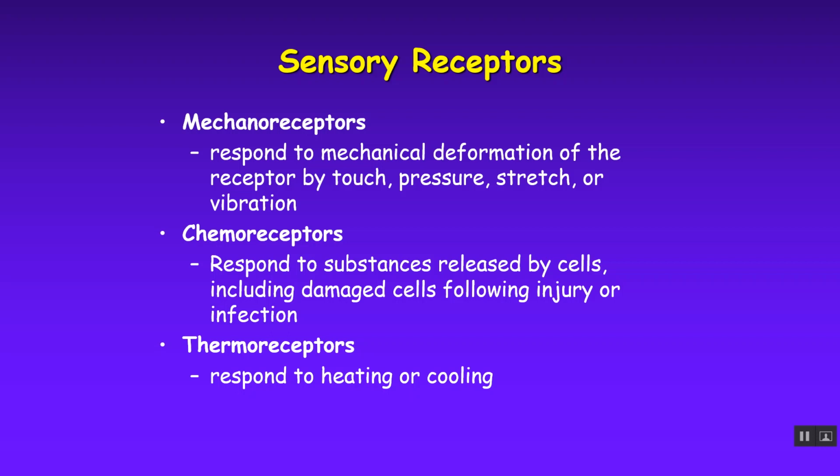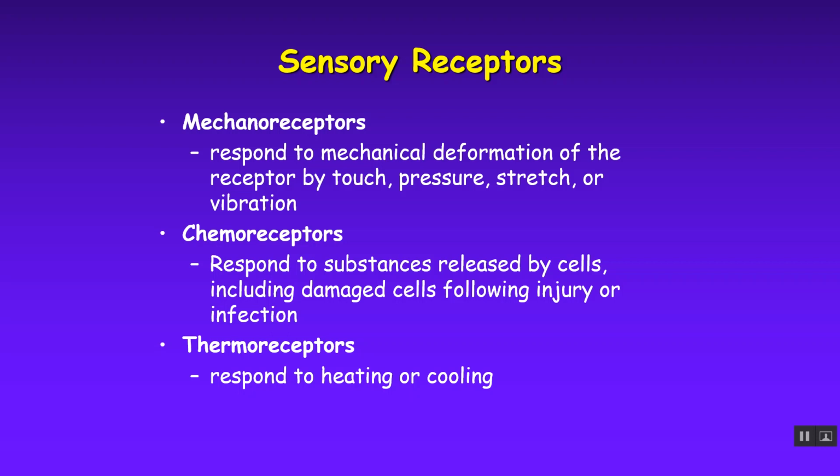Chemoreceptors respond to substances released by cells nearby, including damaged cells following injury or infection. We're not talking specifically about olfaction, but your olfactory system, smell, does use chemoreceptors. But in the periphery, we're usually talking about neurons that respond to histamine and other irritants that cause inflammatory responses and so forth.